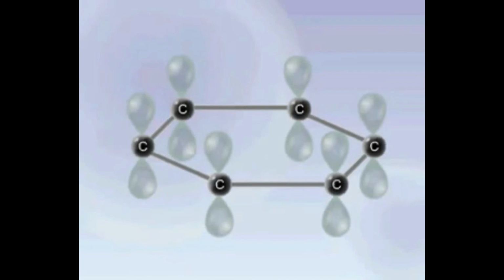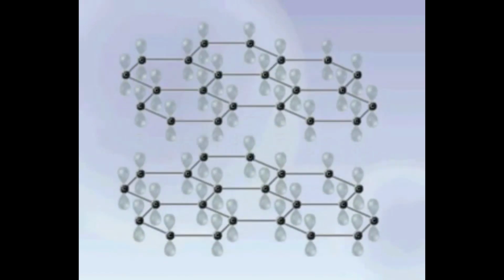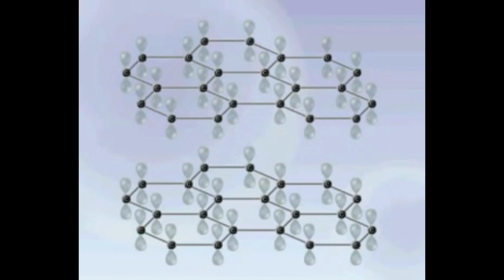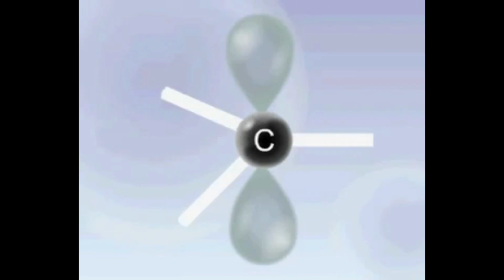In graphite, carbon atoms are hybridized sp2. The atoms are linked together by covalent sigma bonds to form 2-dimensional sheets of hexagonally arranged atoms. Each carbon atom uses 3 of its 4 valence electrons for covalent bonding.